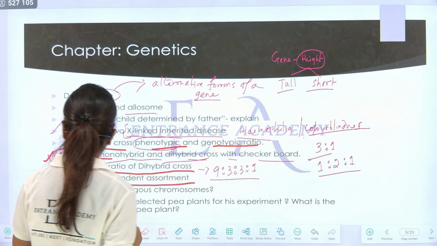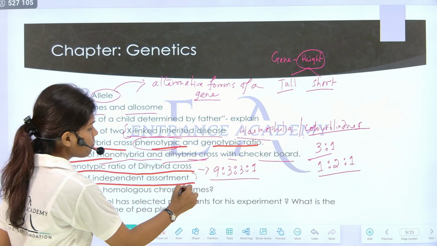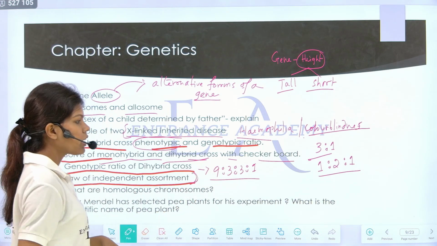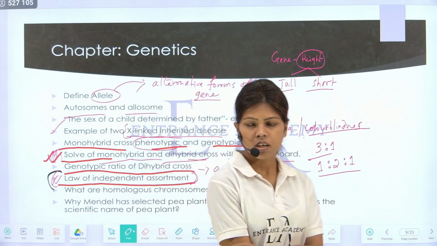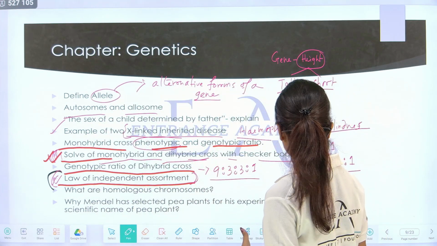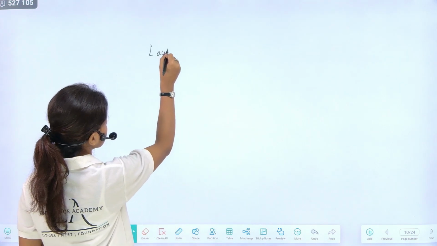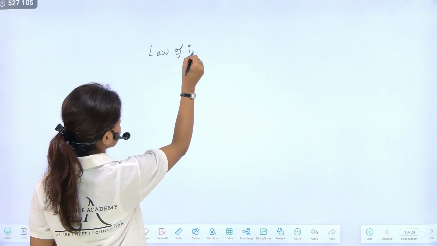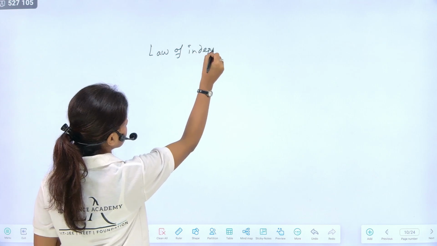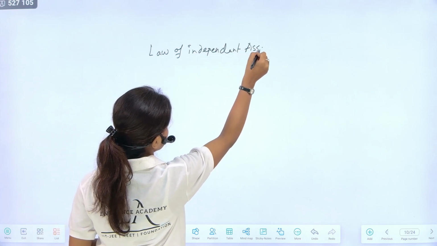Anyways, law of independent assortment. This is the law of genetics given by Mendel. What does it imply? As we know, assortment.